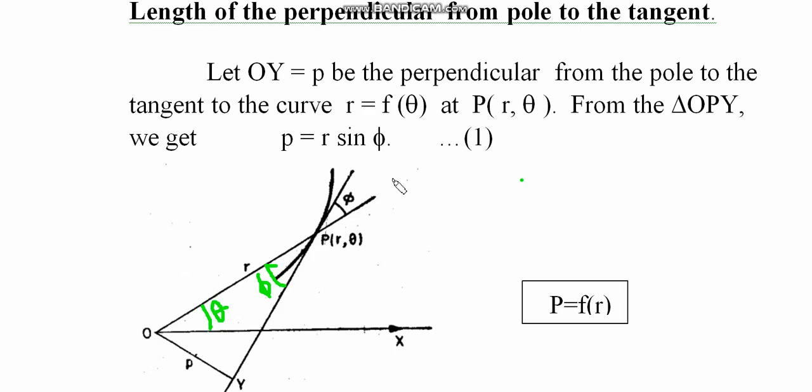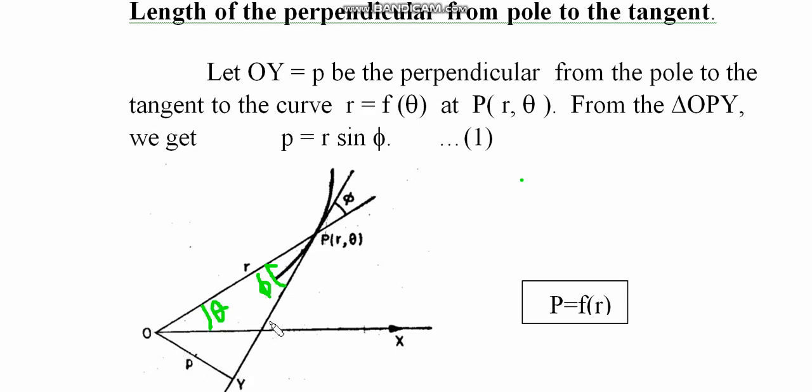So to find the pedal equation of the given curve, we consider this right angle triangle OYP. We note that OY is nothing but the perpendicular from the pole to the tangent. So this length is called the pedal, and therefore this angle is 90 degrees.